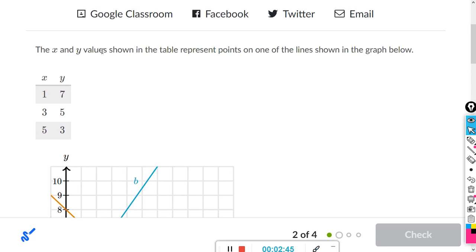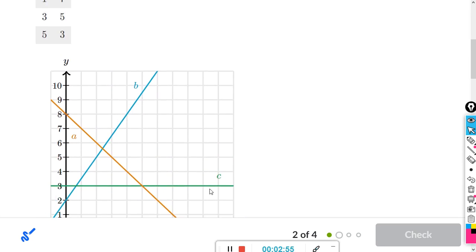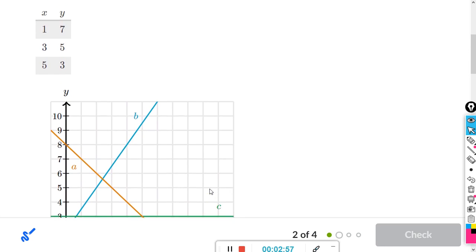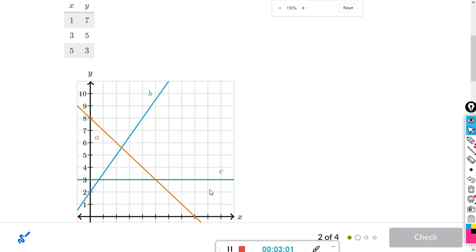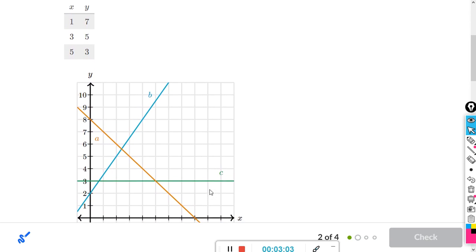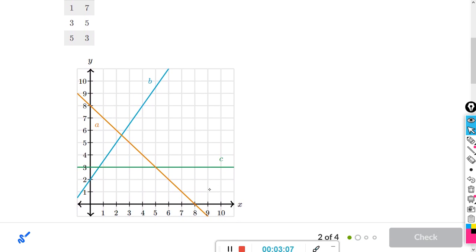Okay, the XY values shown in the table represent points on one of the lines shown in the graph. Which line do the values in the table represent? Just make this a tiny bit smaller. There we go. So let's see. This column here, these are the X's.